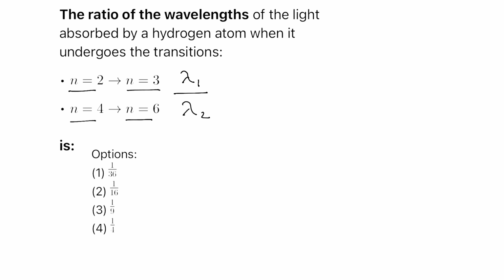What is the equation for the wavelength of light when an electron shifts from one shell to another? You know it, right? It is Rydberg formula. 1 by lambda is equal to RH into 1 by n1 square minus 1 by n2 square. Correct, right?